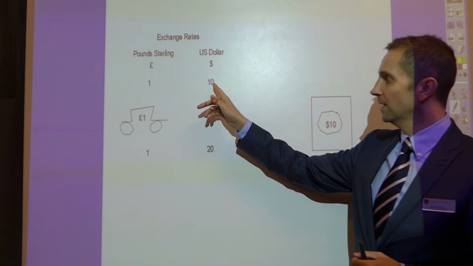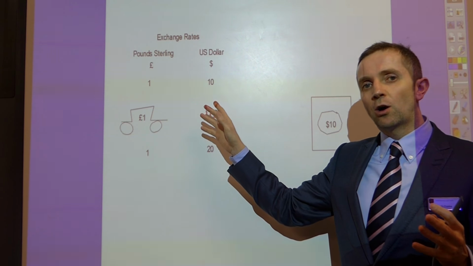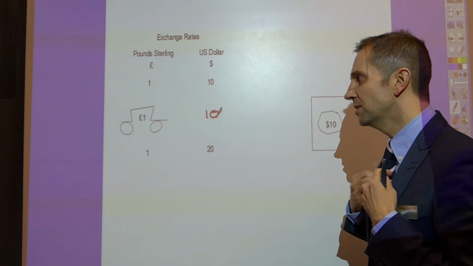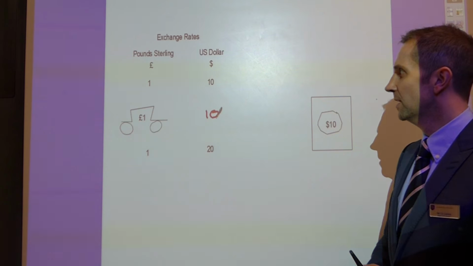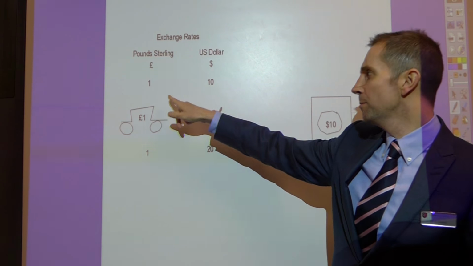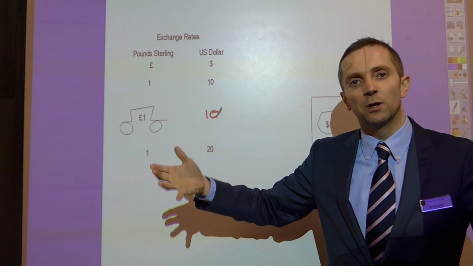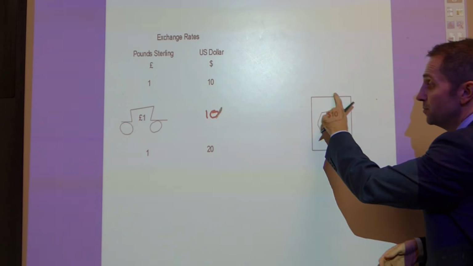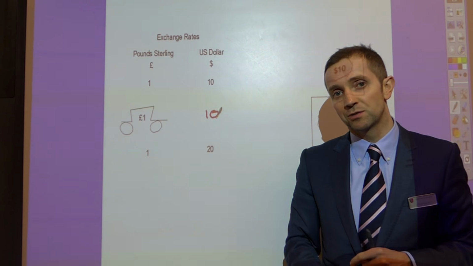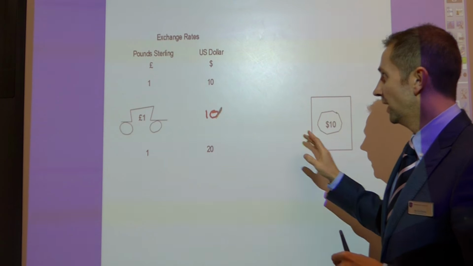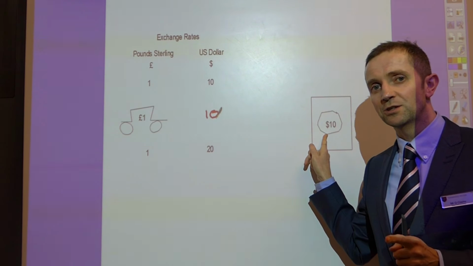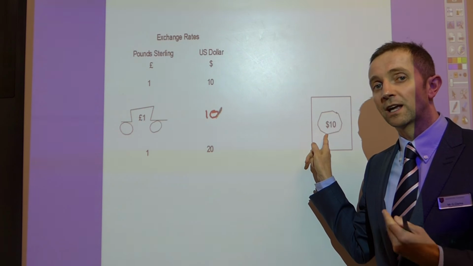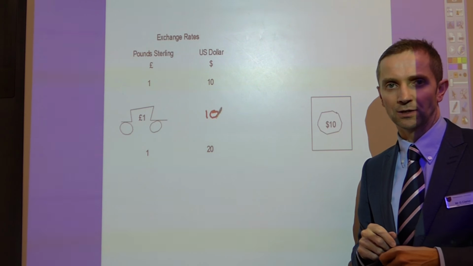Now again, how much would that then cost for us to bring into the UK, so to import in from the United States? Well, at this exchange rate, £1 will buy us 10 US dollars worth of goods. So in other words, it would buy us this washing machine. So at that exchange rate, the US washing machine, which is priced at 10 US dollars, we can get for £1 because of the exchange rate, 1 to 10.